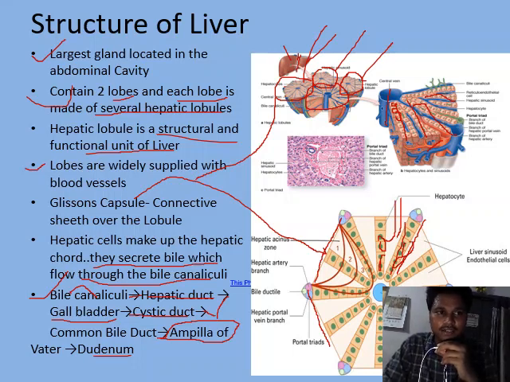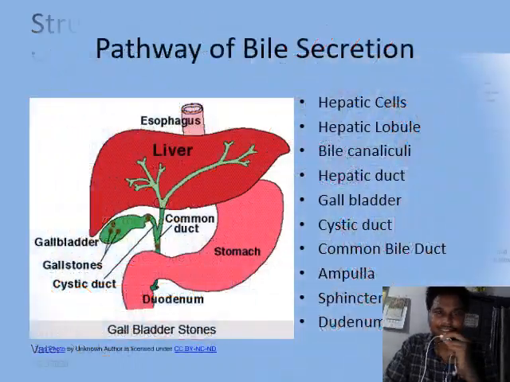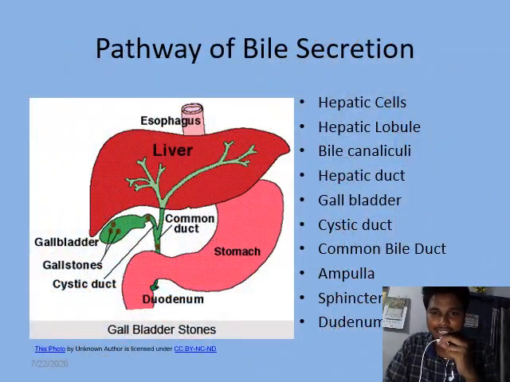Okay, let's learn further. Here is the pathway of bile secretion. Mainly bile is secreted by the hepatic cells of the hepatic lobule. It enters the bile canaliculi, from there to the hepatic duct, and through the hepatic duct it reaches the gallbladder.